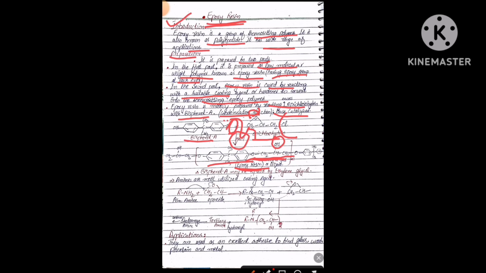Now we have to add any curing agent or any hardener to convert this low molecular weight polymer into a thermosetting epoxy polymer. Another important thing, students: in bisphenol A, which part have we used?